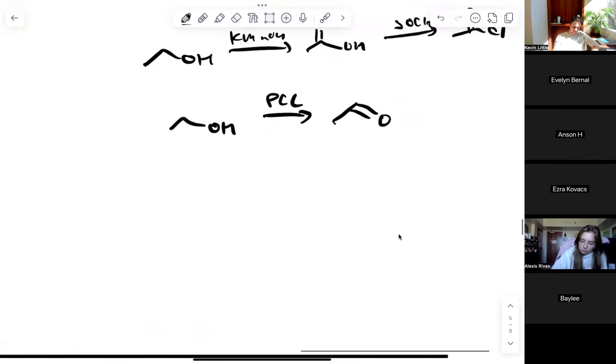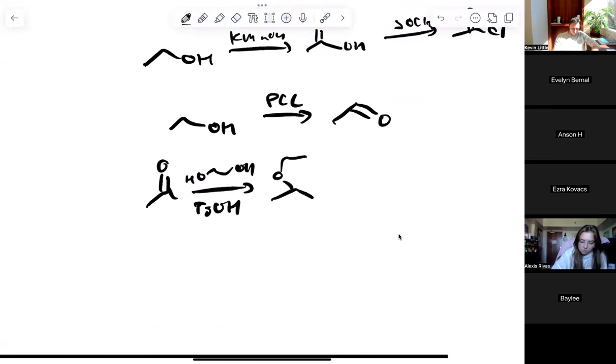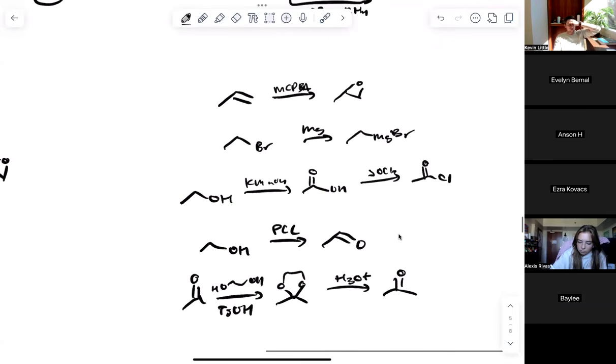Maybe you can consider protection and deprotection of acetals. I mean, this is most of the new stuff, right, that you're going to run into.